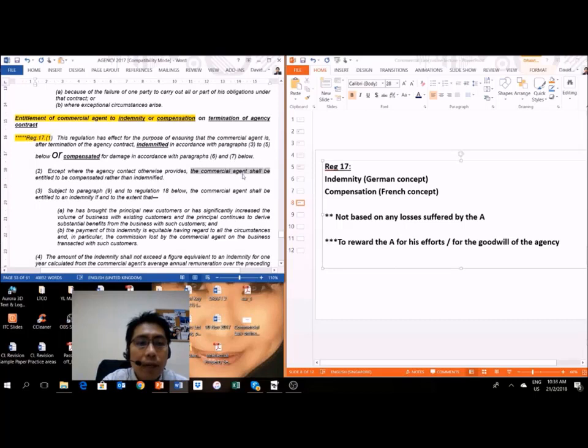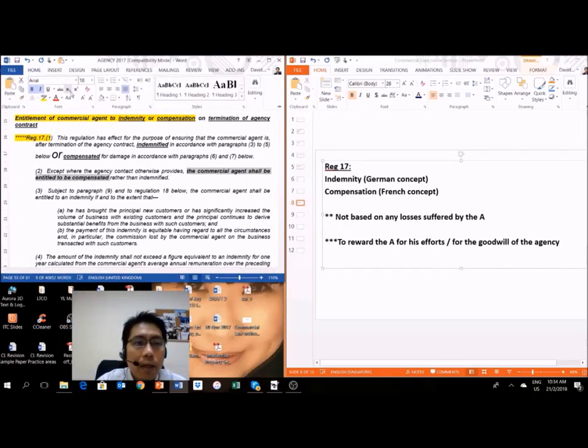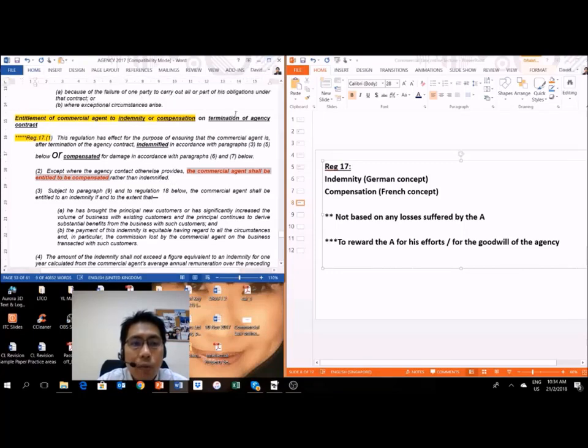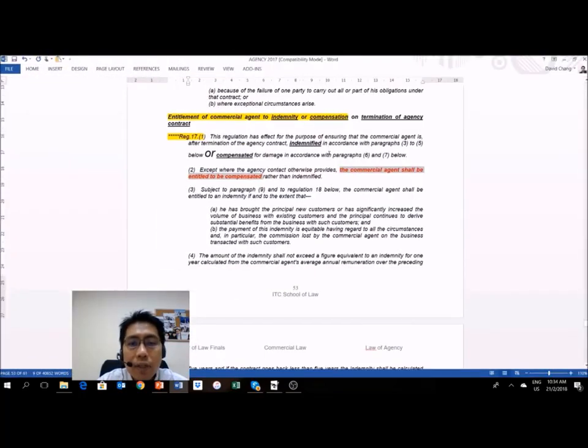So I put this here as the key phrase, where clearly the law is stating that the agent shall be compensated rather than indemnified. One way to understand this is that you can view this as a default rule or a general rule that applies unless the contract says otherwise. So it's subject to the parties' contract intention.